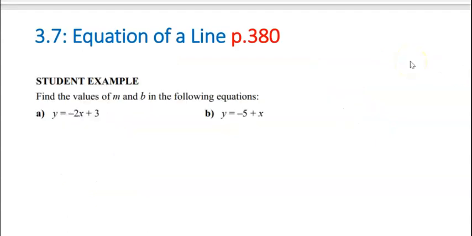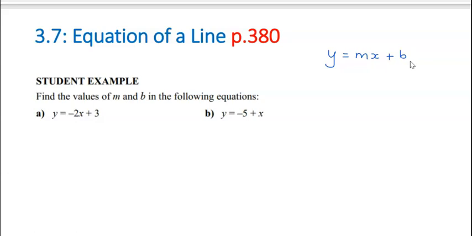So at this point in the unit, it's really good for us to notice that all of these equations that we've been dealing with, they can either be placed in this format or read in this format to understand where to find the slope and where to find the y-intercept. So when they're asking us to find the values of m and b, we don't have to do anything to a. It's in the correct format.